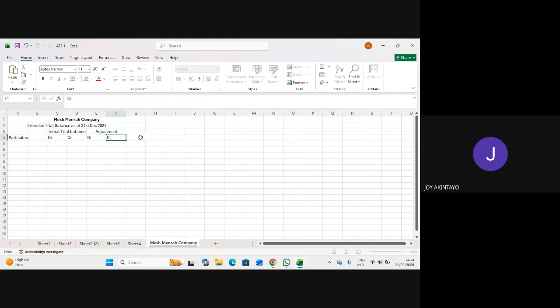Then we have the adjusted trial balance: debits, we have credit.